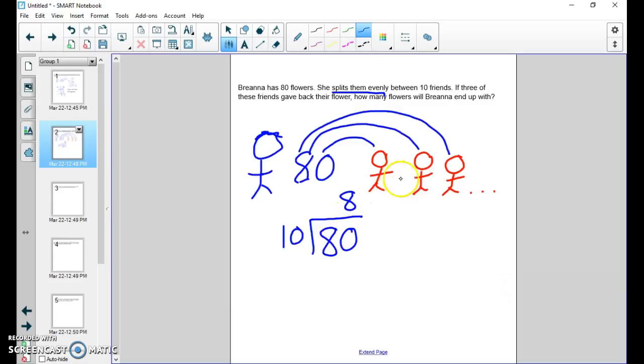All right, so each friend is going to get 8. I'm going to leave myself a note. If you find something out in a problem, it's okay. It's even great to leave yourself a note. So scratch that out. Let's put each friend, eraser, thank you for being patient. Each friend will get 8.